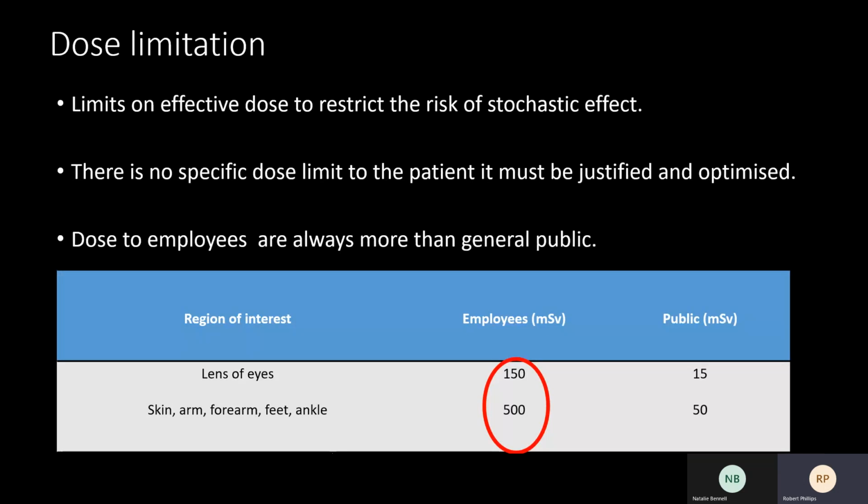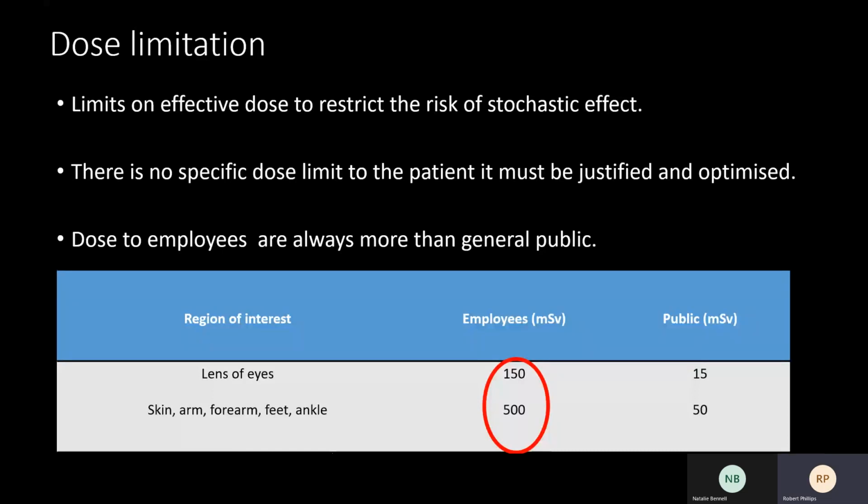And the third principle is dose limitation. The limit on effective dose is to restrict stochastic effects again, because in diagnostic radiology, dose is well below the deterministic threshold. And one thing we have to remember is there is no specific dose limit for patients.